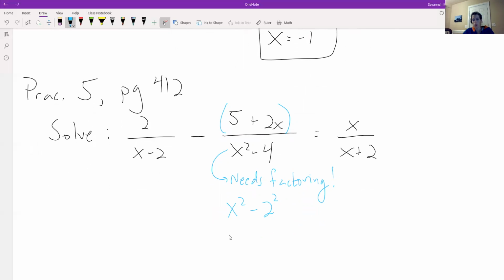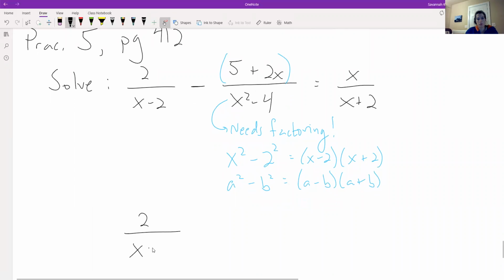So if you're remembering back, that's like a squared minus b squared. One of those formulas that you just flat out have to memorize. There is no method per se that you could use on this. So x minus 2, x plus 2. That's my factored form.